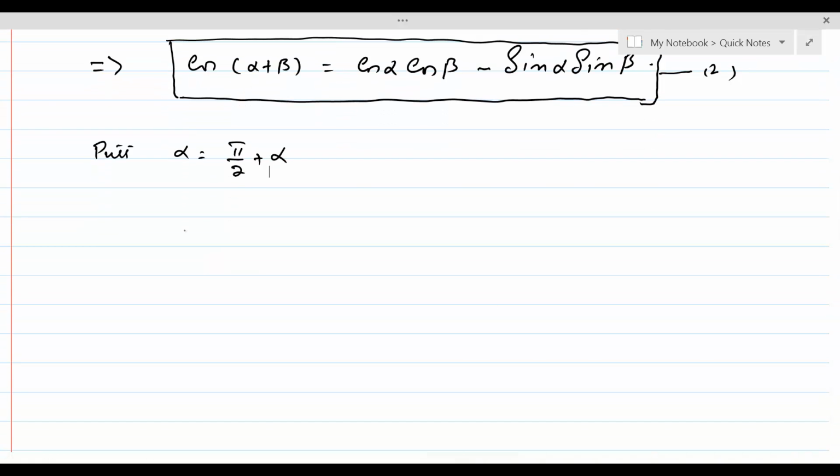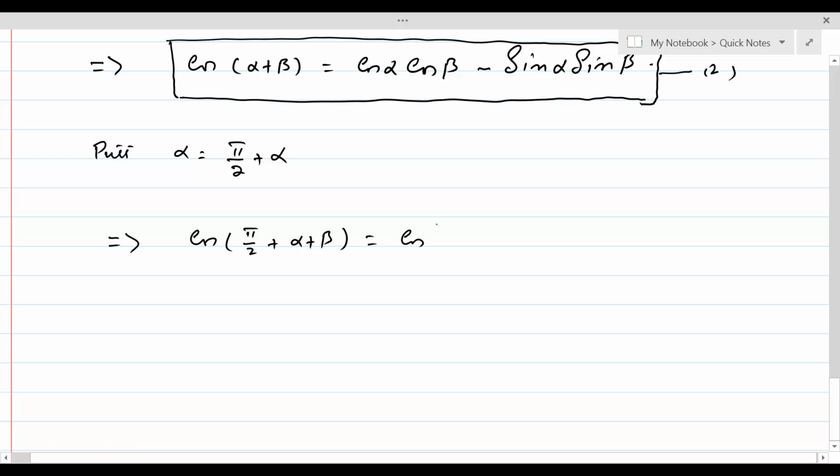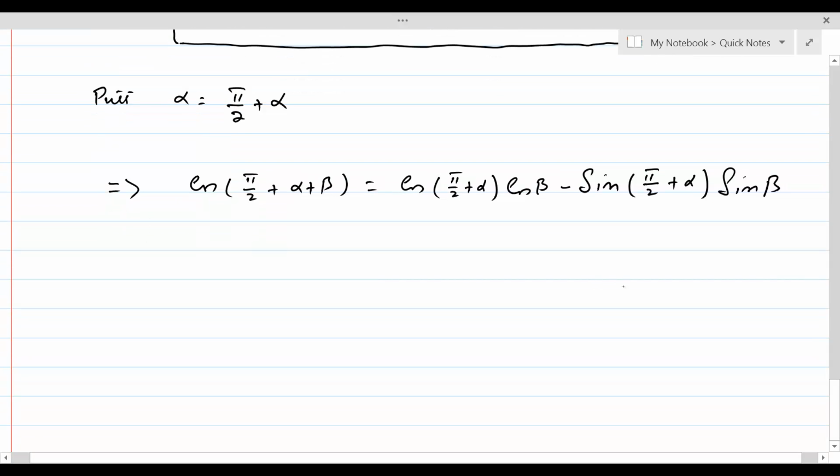So this means we have cos of pi by 2 plus alpha plus beta equal to cos of, instead of alpha, now it will be pi by 2 plus alpha, into cos of beta, minus sine of pi by 2 plus alpha, into sine of beta.